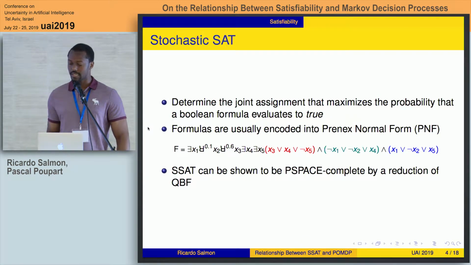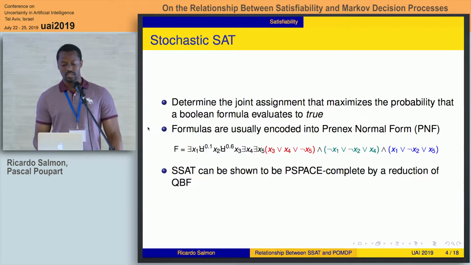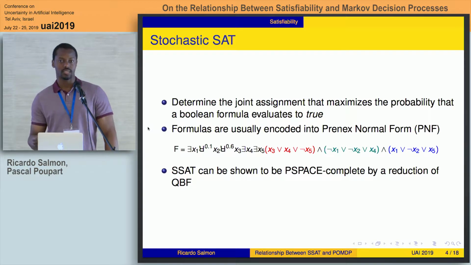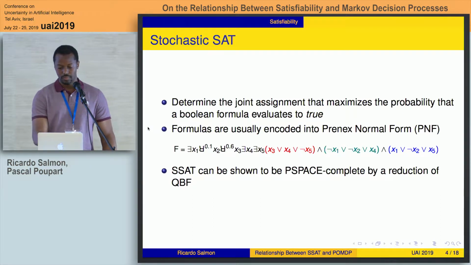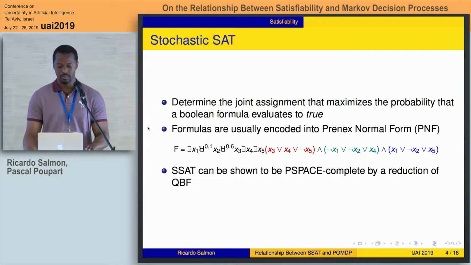So what is stochastic SAT? It's essentially trying to find a joint assignment of variables that would maximize the probability of satisfying a formula. In this formula below, stochastic SAT introduces a new quantifier called randomized variables.